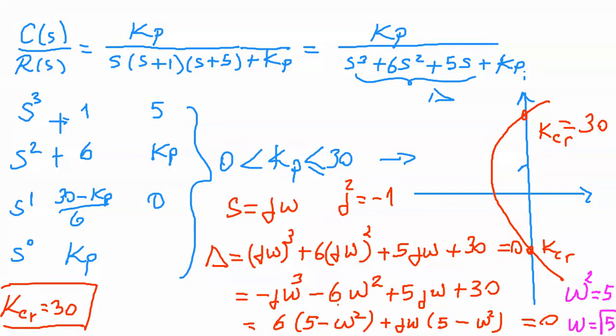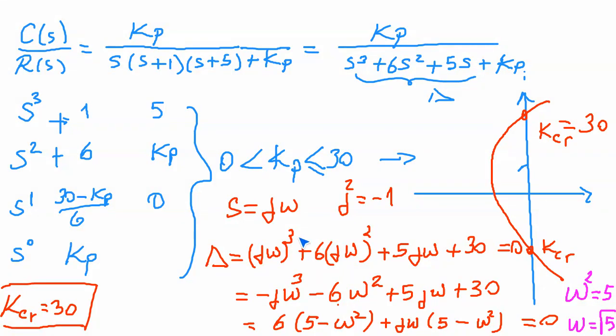So I clean this page. I repeat. We first write the transfer function. Then, of course, we obtain the characteristic equation. And then we employ the Routh-Hurwitz method. With this method, we obtain that the KCR is equal to 30.